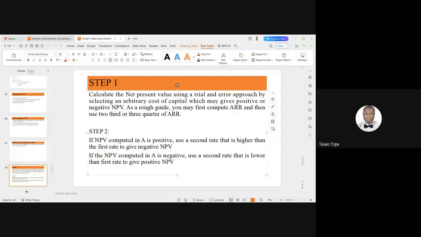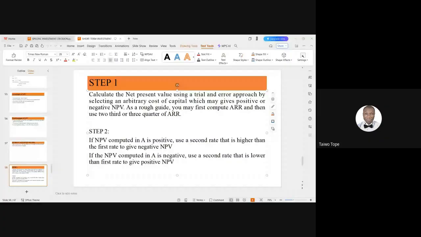So for mutually exclusive projects, it means you have quite a number of projects competing for the same resource. So among these projects, which of these projects is going to give you a higher internal rate of return? That will be the basis of your decision in terms of the decision rule.